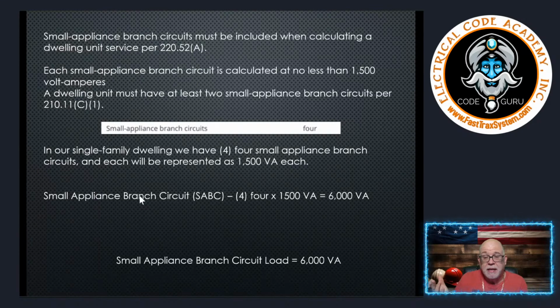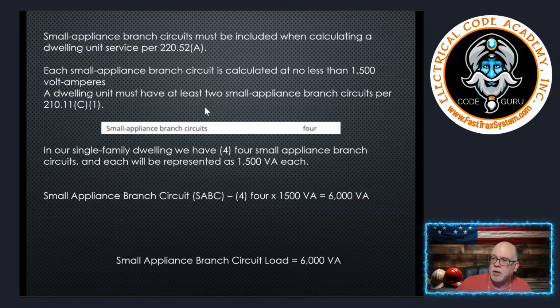But if you happen to be on an exam, like maybe in North Carolina or somewhere where they actually give you all this info that you need to do a load calculation, and they don't tell you to use the optional, so you know you got to use standard. Well, if they don't tell you how many small appliance branch circuits are in there, then you just have to assume there's a minimum of 2, right? In our case, we're told that it's 4, so easy for us.